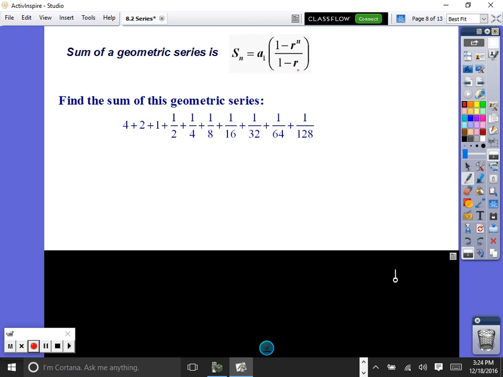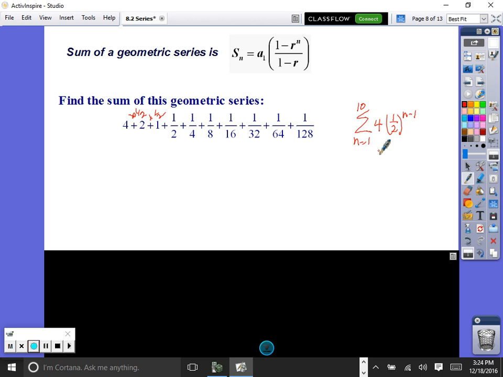However, we shouldn't have had to be told that, because I see it's times a half, times a half, times a half. So it is the series n equals 1 to 10 of 1 half raised to the n minus 1 times 4.